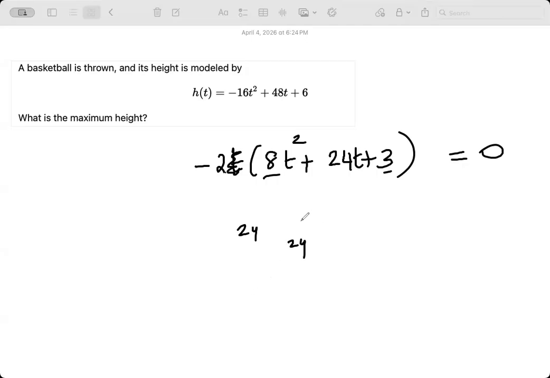No, wait. I need to see 1, 24, 2, 12. 8, 24t plus 3. 8 3s are 24.